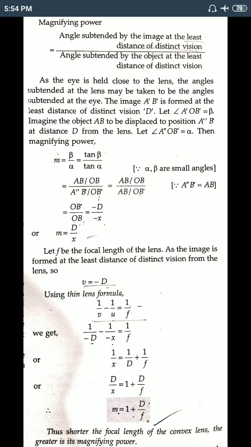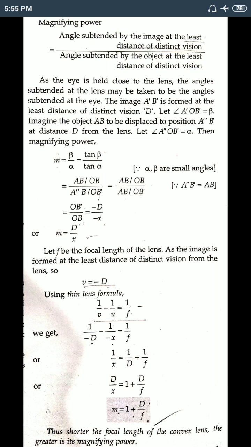Now from this figure we see that the eye is held very close to the lens, so the angle subtended at the lens is taken to be the angle subtended at the eye, because the position of the eye is very close to the lens.